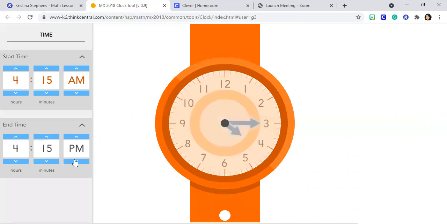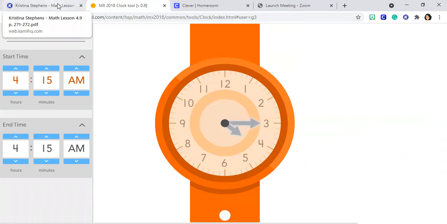I'm setting this clock also to 4:15 a.m. If you have your analog clock, set your clock to 4:15. If you're using the iTools clock, set the clocks to 4:15.